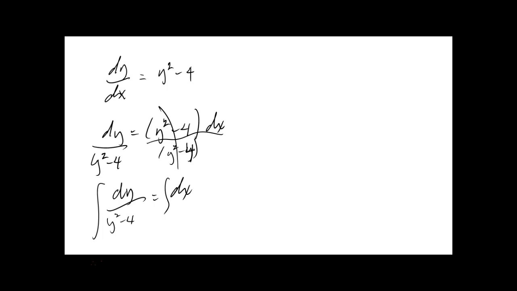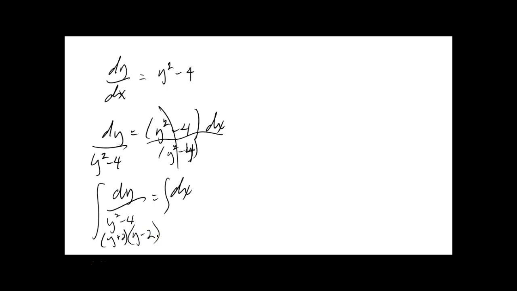Here your numerator is 1, so yeah, y squared is larger degree than y to the 0, which is 1. Then you factor your denominators into linear factors if you can. If you can't, irreducible quadratic factors. Well, this will factor very nicely into what? y plus 2, y minus 2.